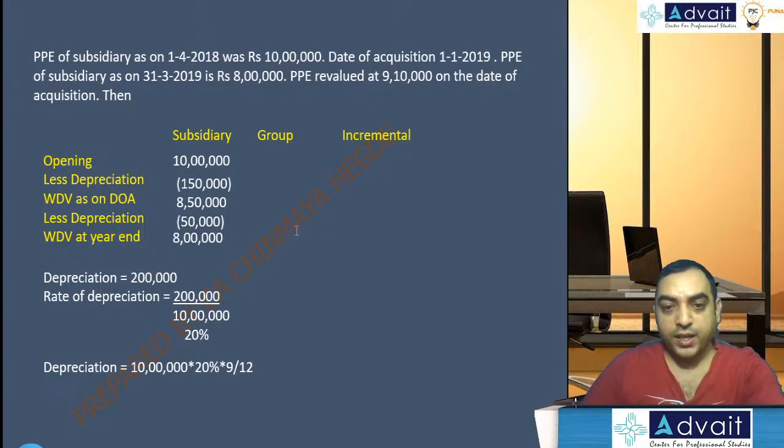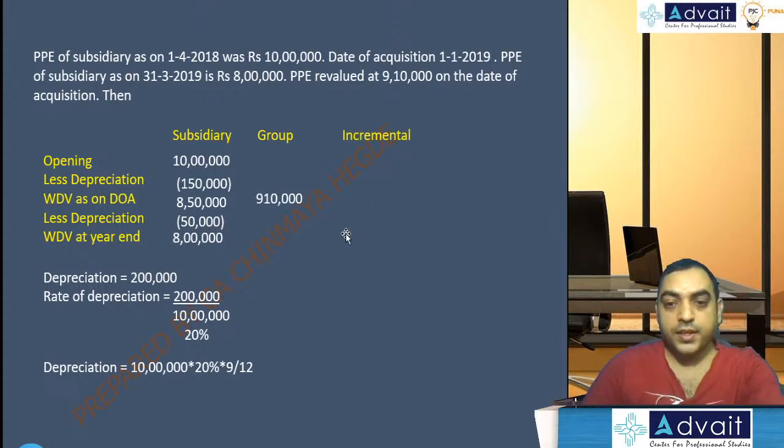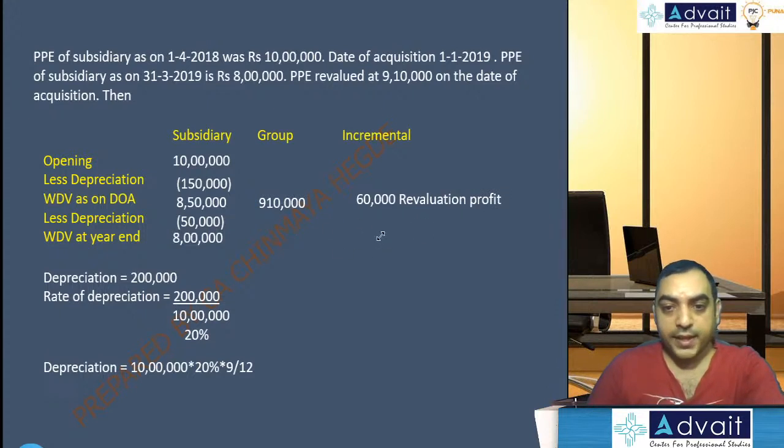And it is revalued at 9,10,000 in the group books. Since it is revalued higher by 60,000, that is your revaluation profit, 60,000. Okay, now then we will be having the depreciation on 9,10,000.